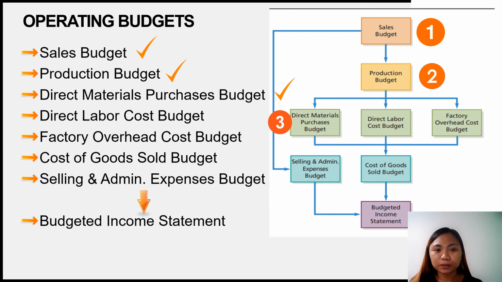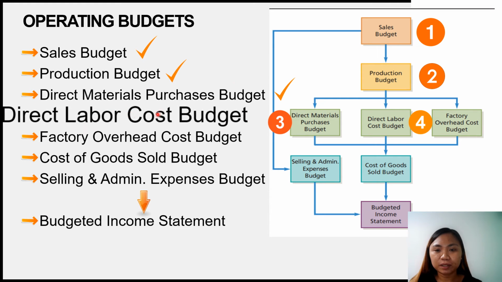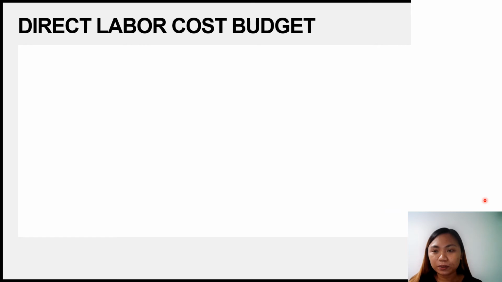After computing for the direct materials purchases budget, we would also compute for the direct labor cost budget. This is the second cost that will flow through the cost of goods sold budget. In addition to direct materials, manufacturing companies also need employees to convert materials into finished products.